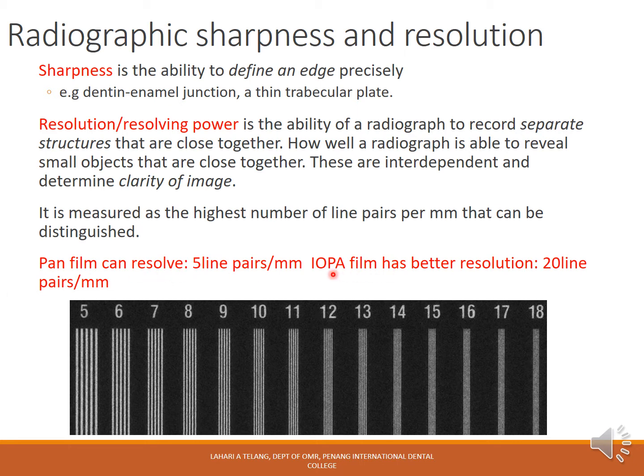So that's why an intraoral radiograph is a better diagnostic aid for visualizing caries, periapical pathology, or even tooth fractures, whereas a panoramic radiograph would be a better imaging modality for screening or when you're looking at larger areas.